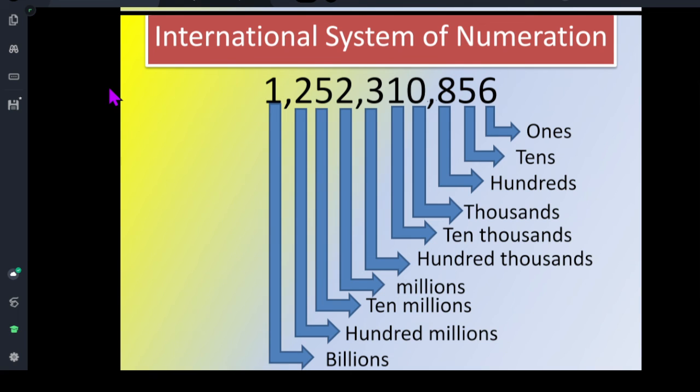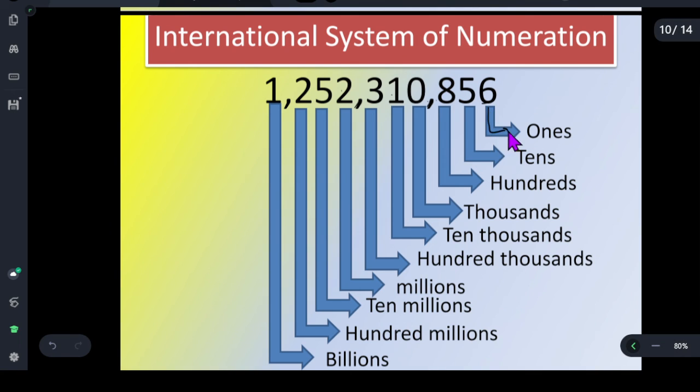But in the international system, you have to give a comma continuously after every three digits. Let's see if we have given commas correctly or not: 1 2 3, then comma, 1 2 3, then comma, 1 2 3, then comma.